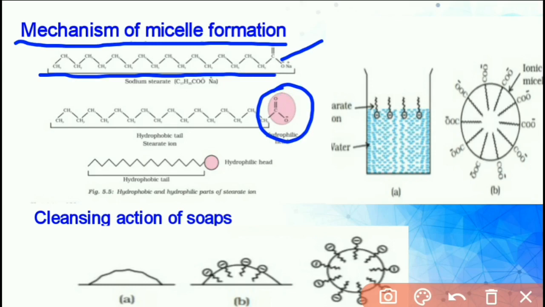At a higher concentration, that is critical micelle concentration, and above Kraft temperature, these soap molecules aggregate and form a spherical shape, and in this spherical shape the hydrophobic tail part is towards the center and the head part towards the periphery. That type of arrangement of associated molecules is called micelles.